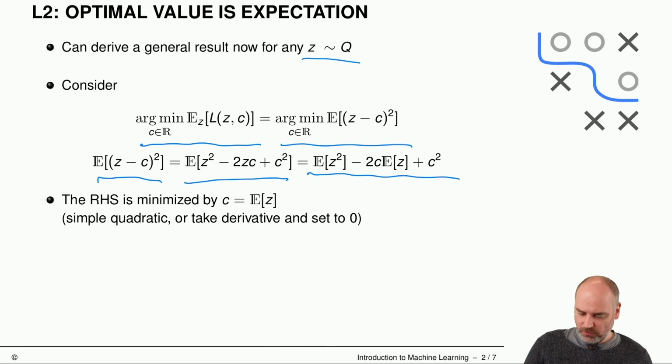First of all, this first term doesn't even have a c in it. So in terms of minimization, I can completely disregard this and just look at these latter two terms. It's pretty obvious what the minimizer of this is.